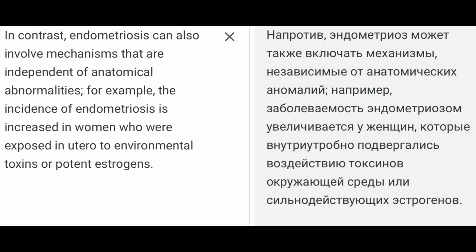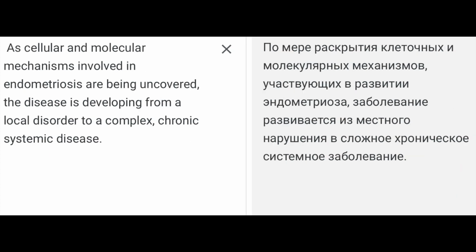For example, the incidence of endometriosis is increased in women who were exposed in utero to environmental toxins or potent estrogens. As cellular and molecular mechanisms involved in endometriosis are being uncovered, the disease is developing from a local disorder to a complex, chronic systemic disease.